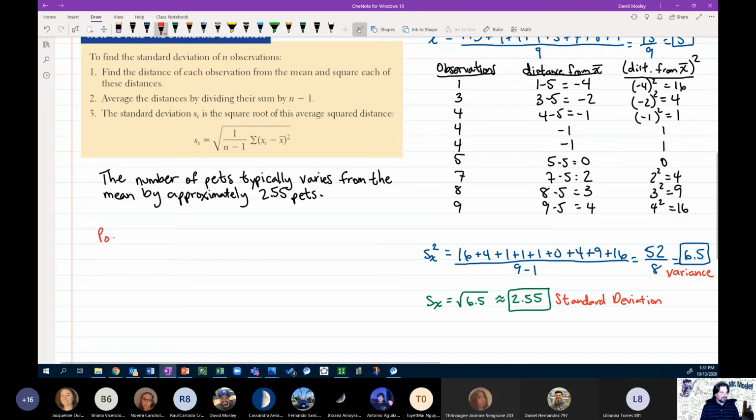So we can say possible outliers are greater than 2 standard deviations, and I'm just going to write SD for standard deviations, from the mean, or less than 2 standard deviations below the mean.